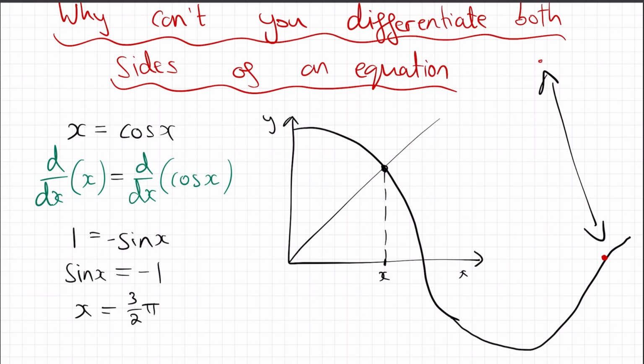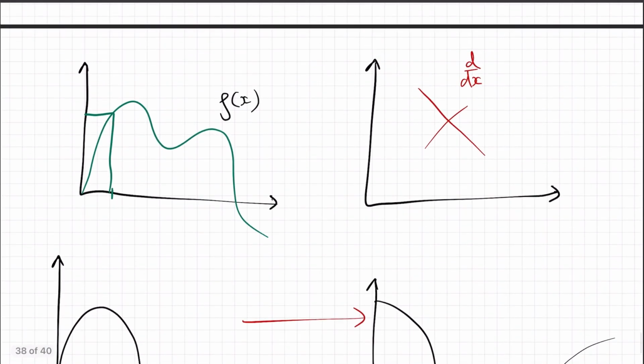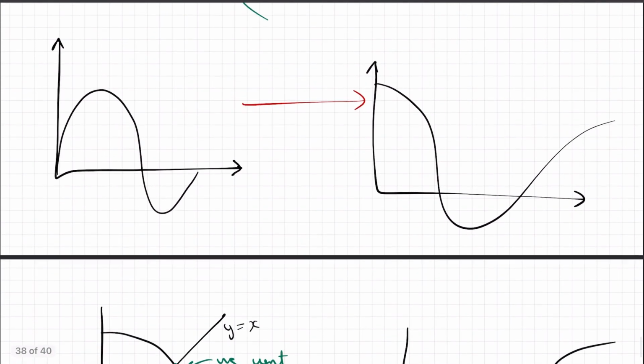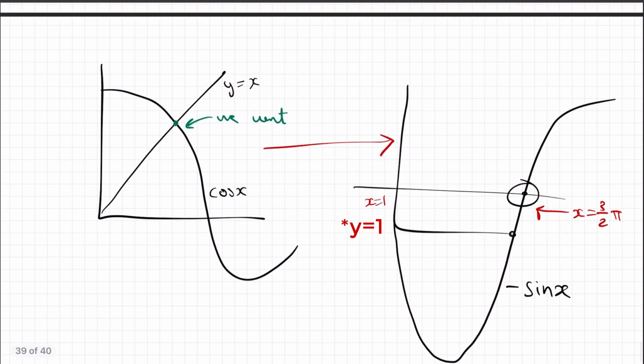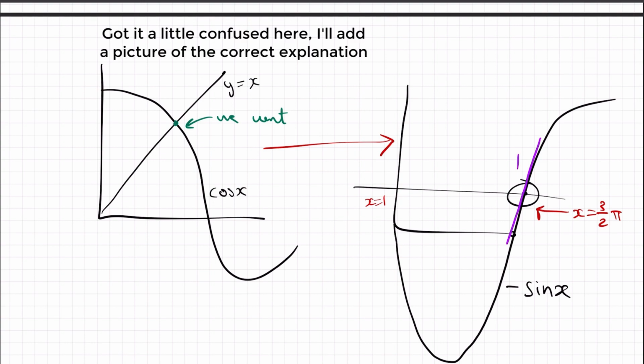And that actually explains our earlier occurrence. We actually solved for x equal to 3 over 2 pi, and if we look down here, you can see that this is actually true, because at this point dy by dx of y equals minus sine of x is just going to be equal to 1.